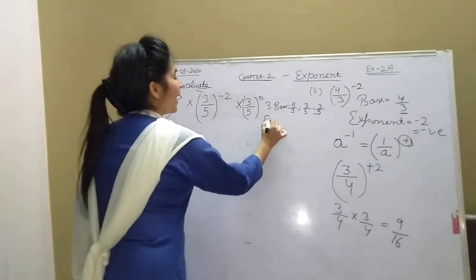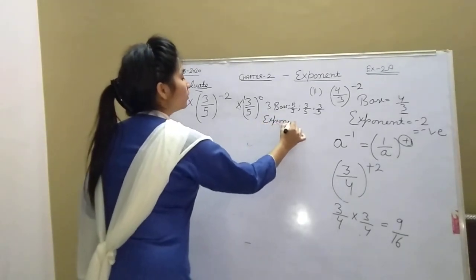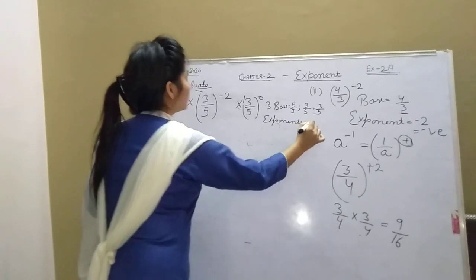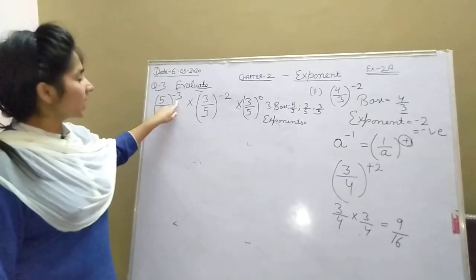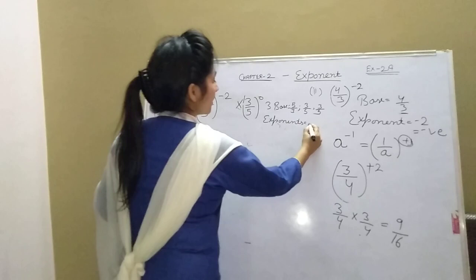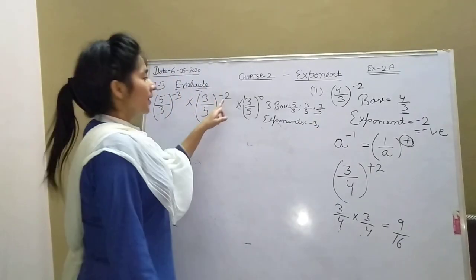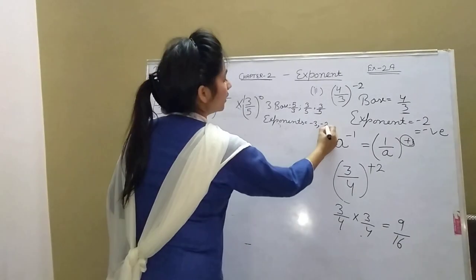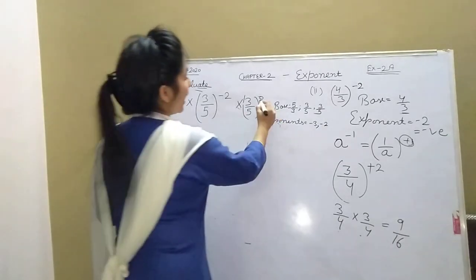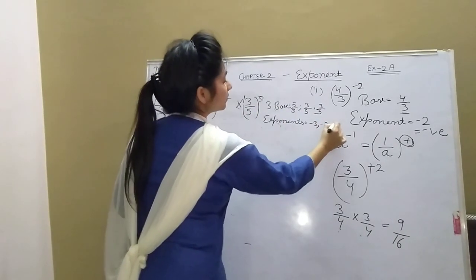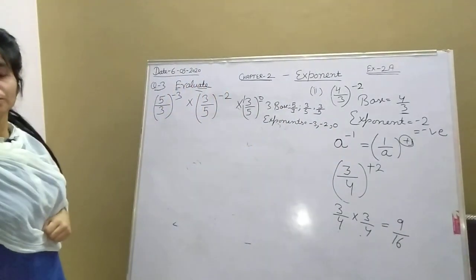And how many exponents do you have? Your first exponent is minus 3, second exponent is minus 2 and your third exponent is 0.